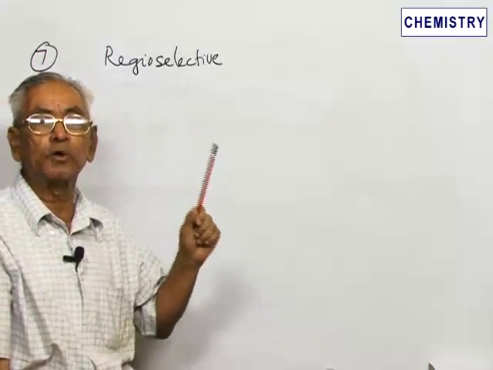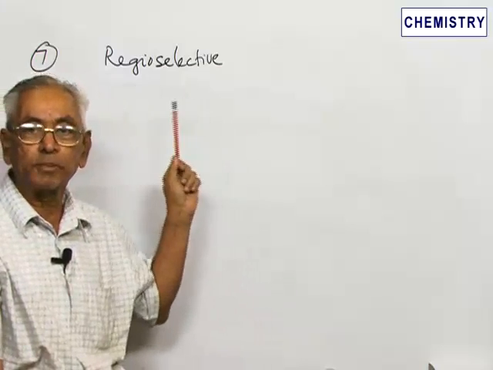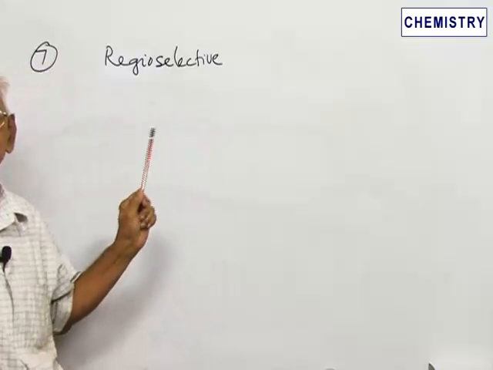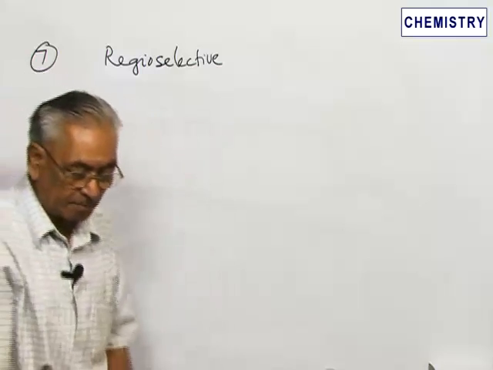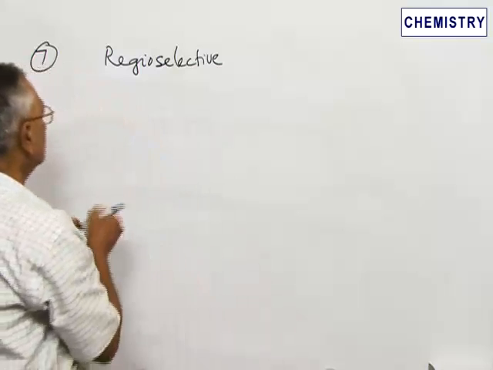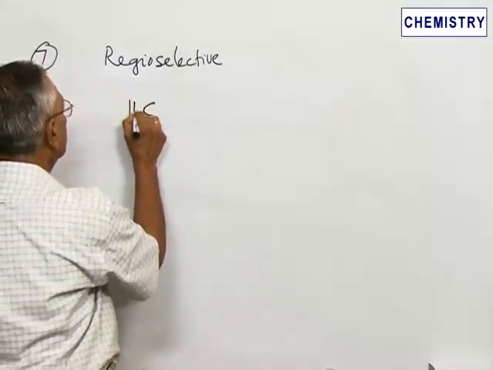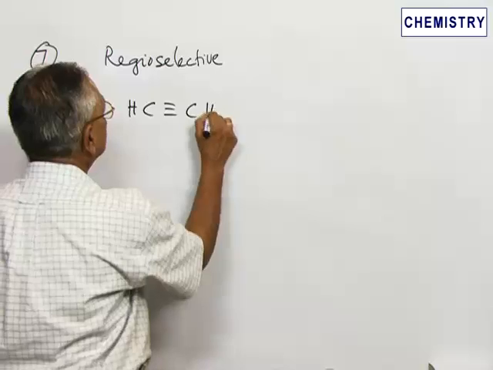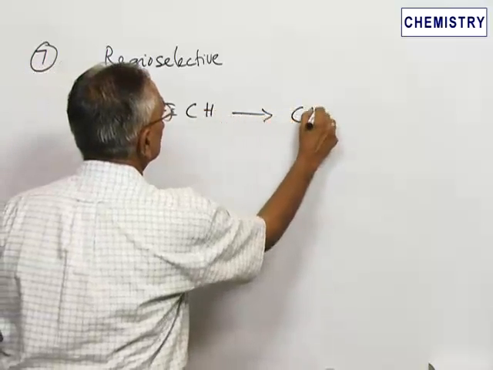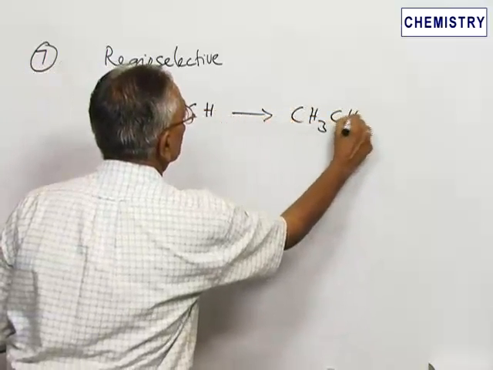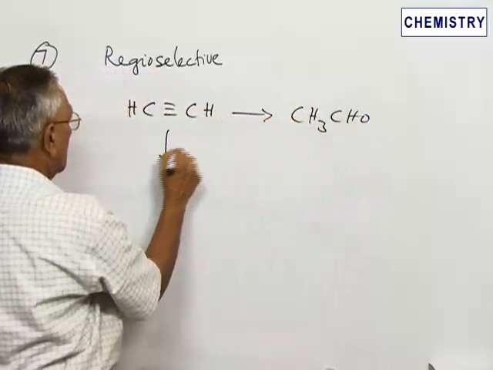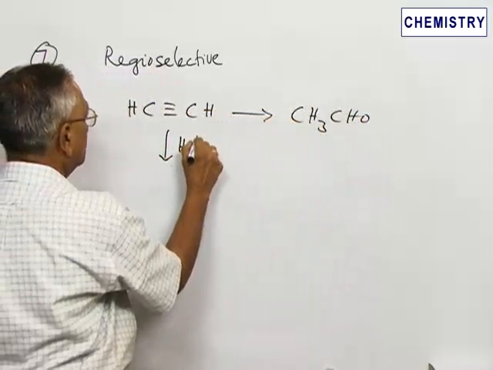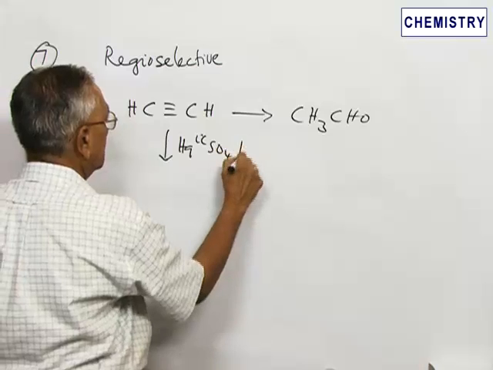Regioselectivity means that particular groups get attached to a particular position, a particular carbon atom, in the reaction. For example, the hydration of acetylene is a regioselective reaction. Acetylene gives rise to acetaldehyde when treated with mercuric sulfate in the presence of sulfuric acid.